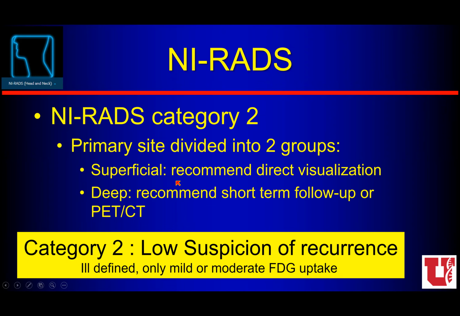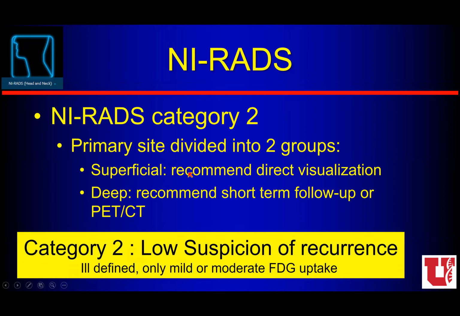That's not my job. So if I see something that's superficial and suspicious, I'm just going to tell my head and neck surgeons, somebody needs to go in and look at this. He needs direct visualization. Now, if it's deep, we're going to think about short-term follow-up or getting a PET CT if we don't already have one to try to evaluate that area. So those are the 2 divisions of category 2, the low suspicion group.